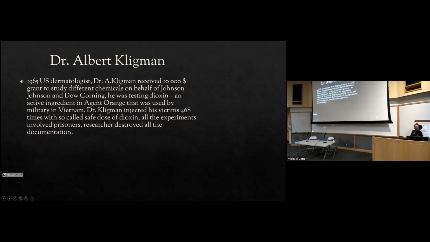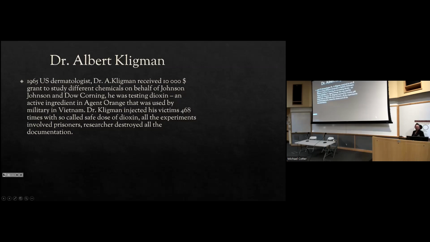When Dr. Kligman first went to the prison, he looked around, and the first thing that came to his mind and out of his mouth was that he was not seeing human beings, he was seeing yards of skin. And he was very excited about that. He was injecting his victims almost 500 times, 468 times, each time increasing the dose of dioxin.